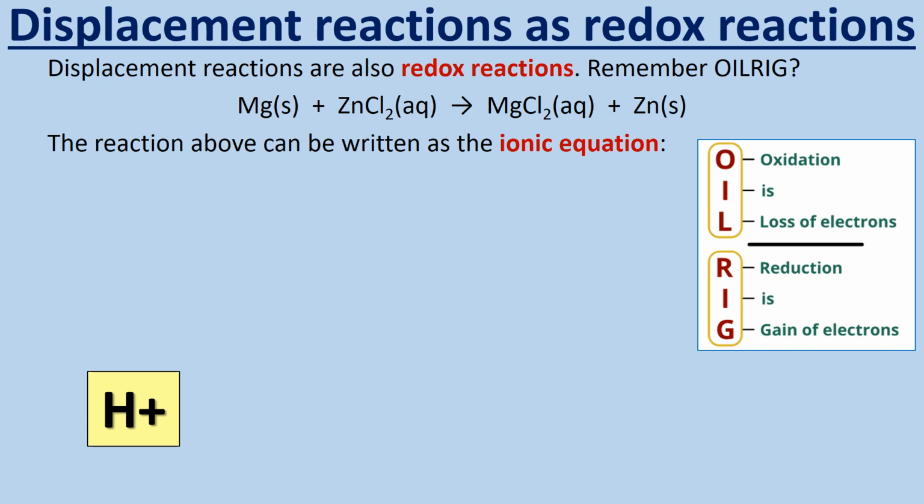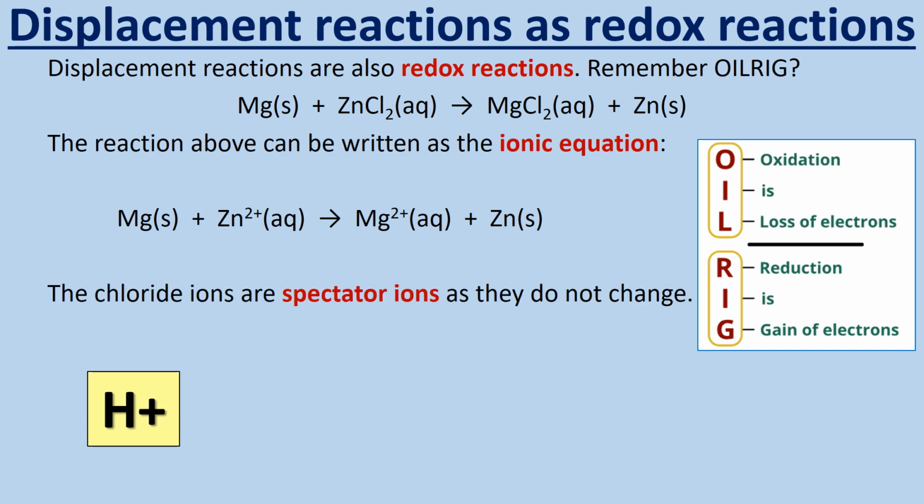Okay, and that shows us how atoms turn to ions and ions turn to atoms in chemical reactions. Okay, so magnesium atoms plus zinc ions become magnesium ions and zinc atoms. We can see that quite clearly when we take the chlorines away. And remember, you become a positive ion by losing electrons.